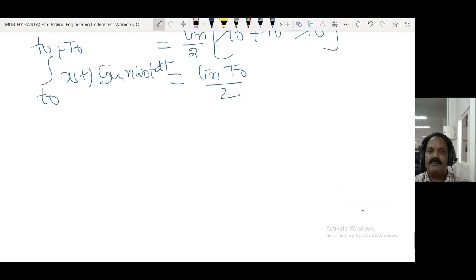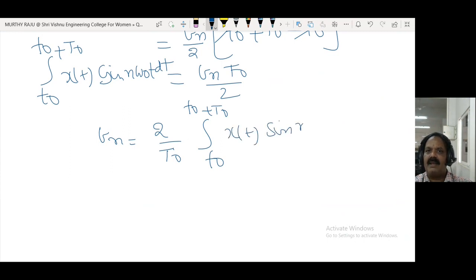From that expression, bn is equal to 2 by T naught times the integral from small t naught to small t naught plus capital T naught of x of t sin n omega naught t.